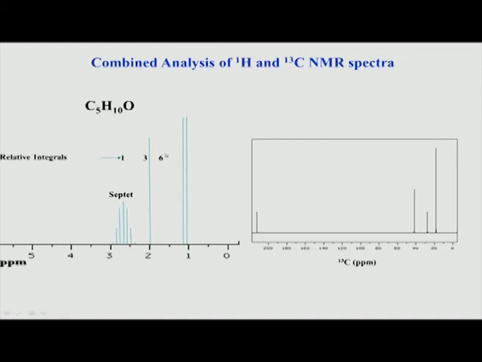If I had only the proton spectrum with me, I would not have been sure what kind of CO moiety is here. It could be an alcohol; if there is an alcohol, it is OH. But if there is a carbonyl, it is CO. That information is not coming from here. Of course, it can come from an IR spectrum, but suppose I do not have an IR spectrum, I have only NMR.